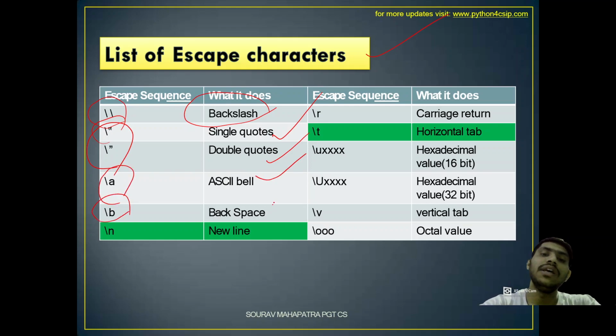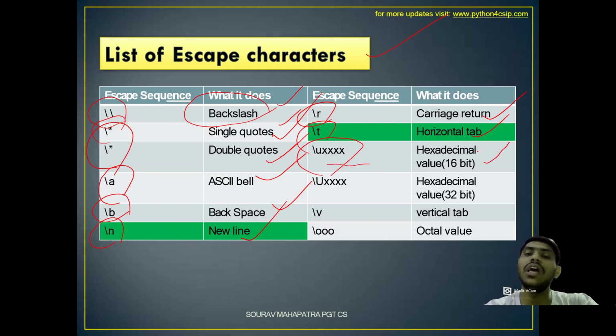Backslash with b, backspace. Backslash n, new line. Backslash r, carriage return. Backslash t, horizontal tab. Backslash u with 4 hexadecimal digits, backslash U with 32-bit hexadecimal. Backslash v, vertical tab, and octal value.